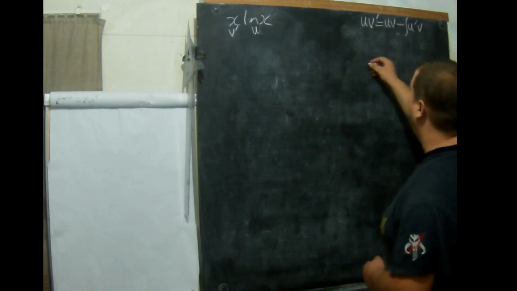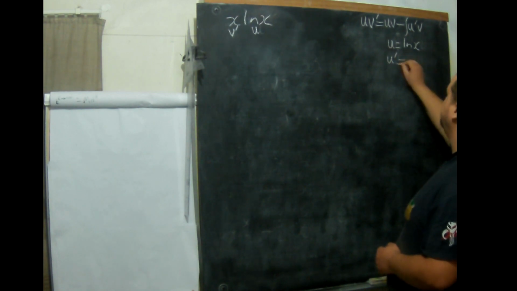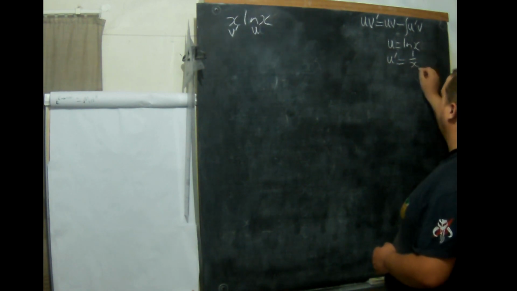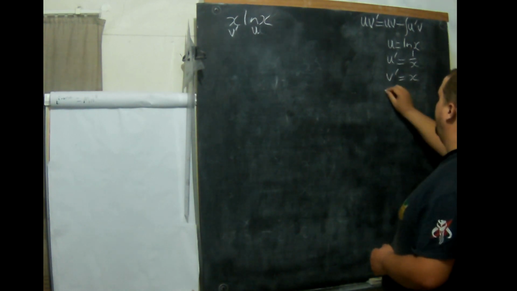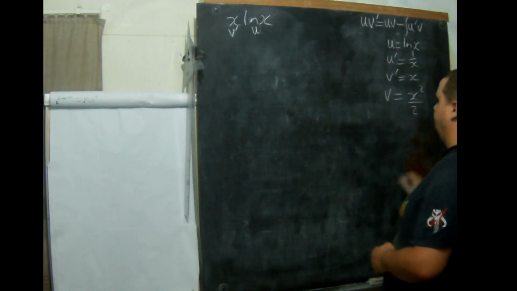So let's put it here. u equals ln x, u prime equals 1 over x, v prime equals x, and v equals x squared over 2.